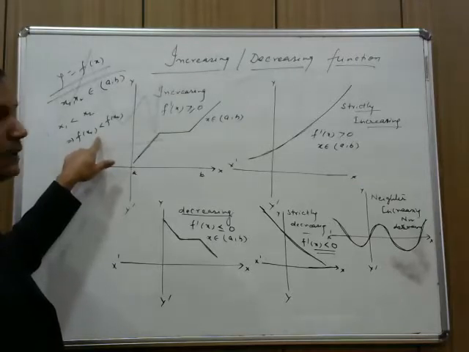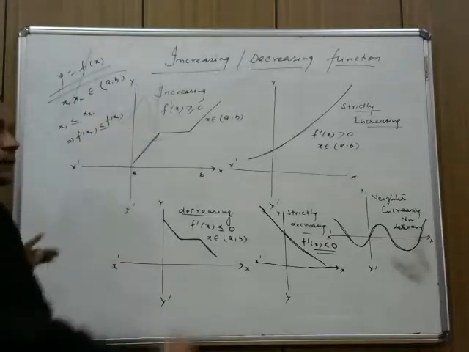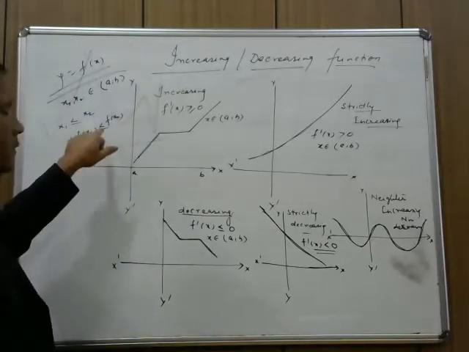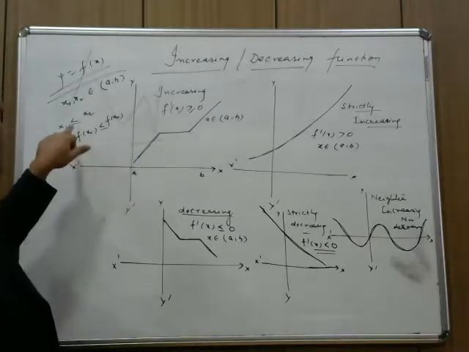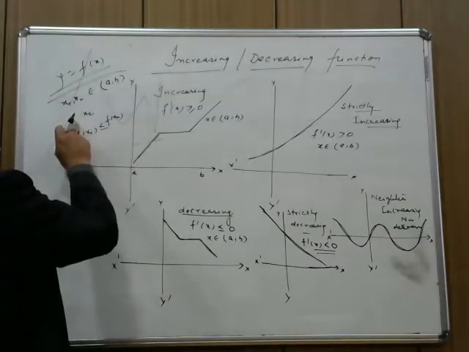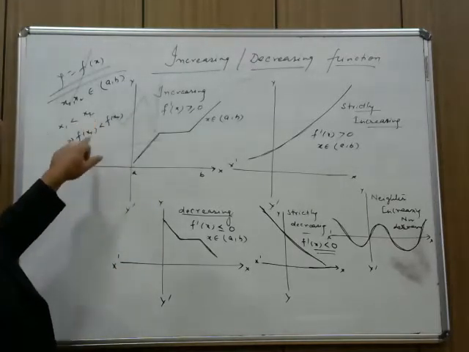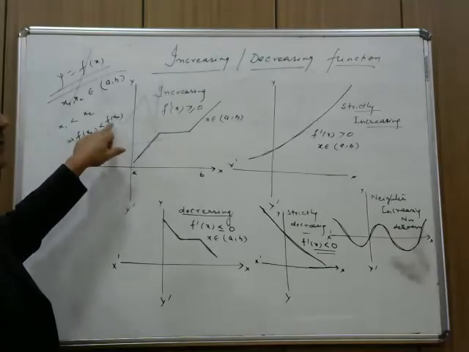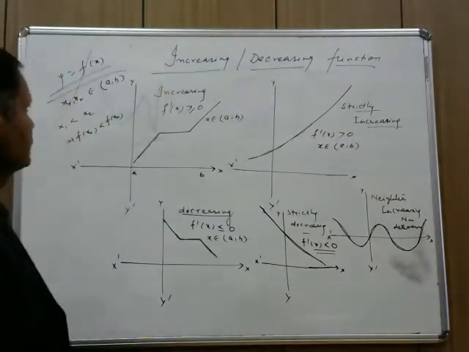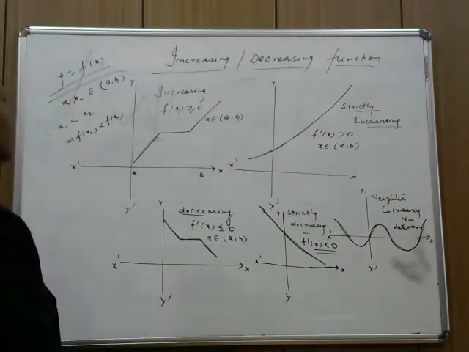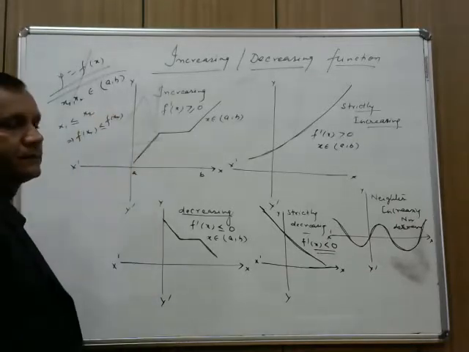And if I put here an equal to sign, it will be what? Strictly, it will be decreasing, right? Again, same thing now. When x1 is less than x2, it implies that f of x1 is less than f of x2, strictly increasing, and if I put an equal to sign, it will be increasing only.